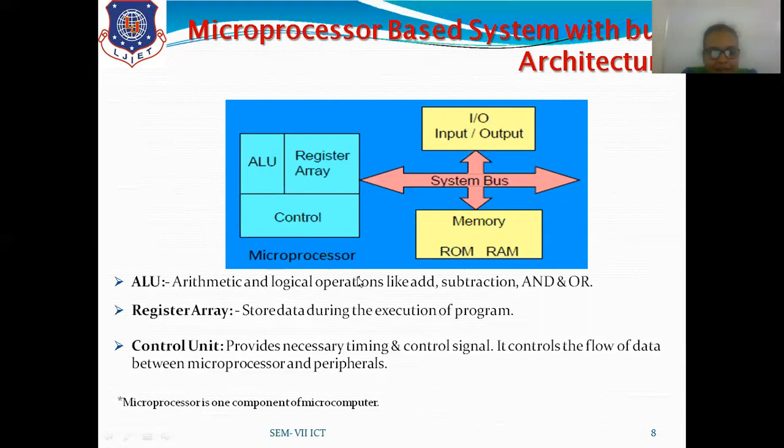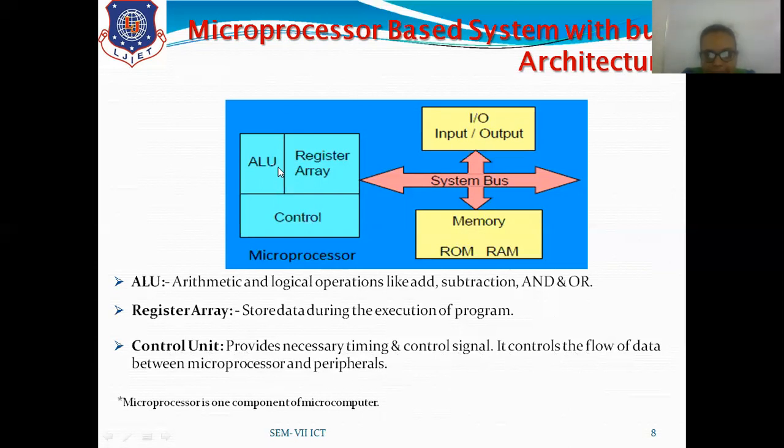So whenever we need to do ALU operations, the particular data will be stored in the register array on a temporary basis. Then next, the control unit. The control unit provides the necessary timing and control signals, and it controls the flow of data between the processor and peripherals.